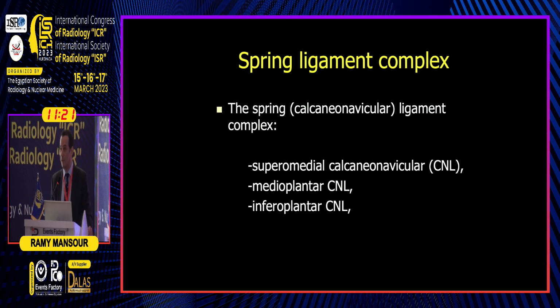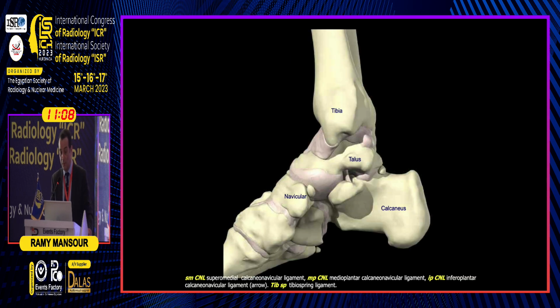Again, if you just want to remember one ligament of this complex, I suggest that the superior medial is the most important component of the calcaneonavicular ligament. Why are these ligaments important? Because they are responsible for protecting and maintaining the arch of the foot by covering the medial side of the ankle and midfoot like that.